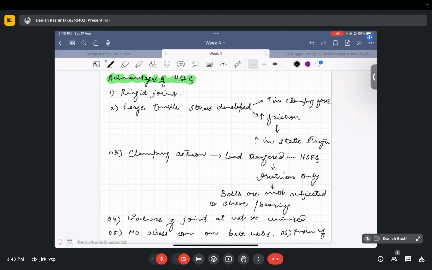So moving forward, we can see the different things in other connections, like welded connections, simple welded connections. We'll see a basic introduction on that, and then we will stop today's class.